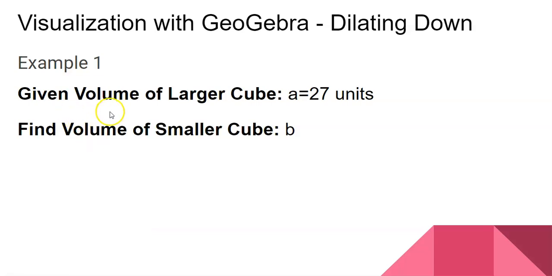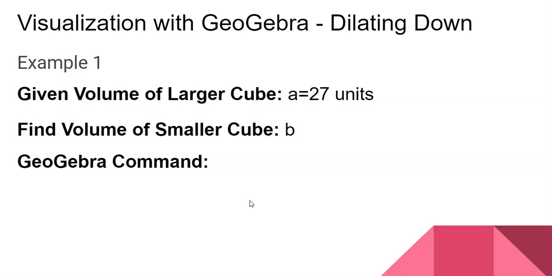Here, our given volume of the larger cube is A equals 27 units. We're going to find the volume of the smaller cube B, which is the volume after the reduction. And the GeoGebra command to use is, of course, dilate. So we type dilate, and then the parameters are A, comma, and then the scaling factor, 1 over cube root of 2.